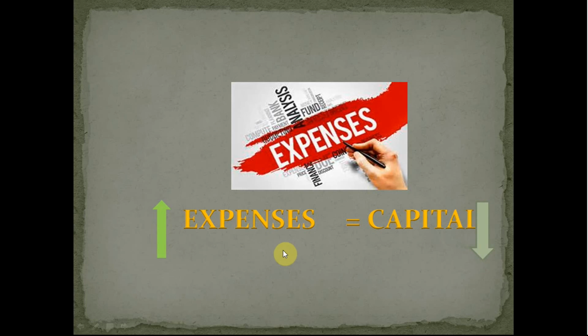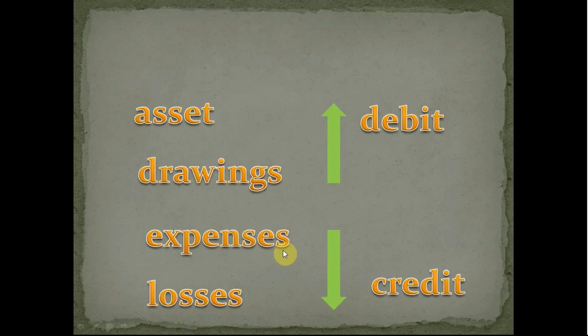So, this gives us the derivation of the American rule of accounting, which says that assets, drawings, expenses, and losses have debit balances. Increase would be debited, and decrease of any of these items would be credited.